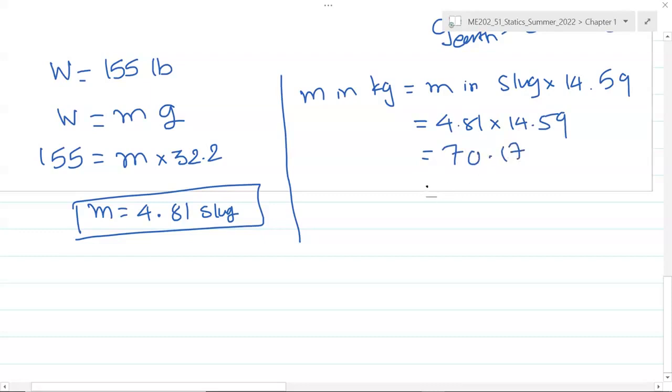Now these are 4 significant figures, so we round it to 3 significant figures. 70 point, because the last digit is 7, which is more than 5, we will increment this number to the next higher number, 2. Okay, and the final answer is 70.2 kilogram.